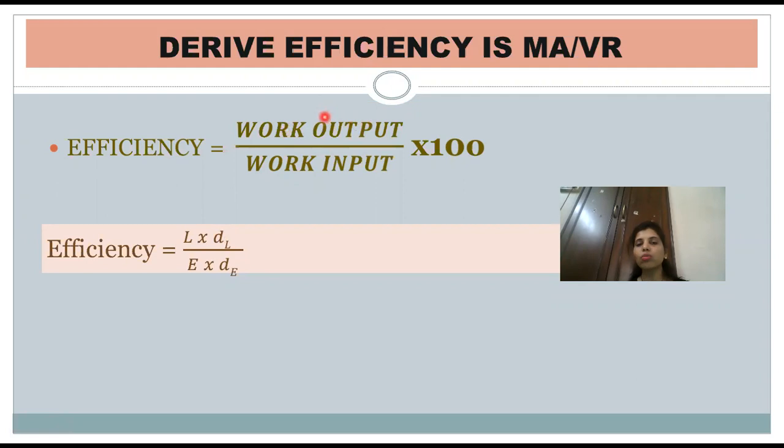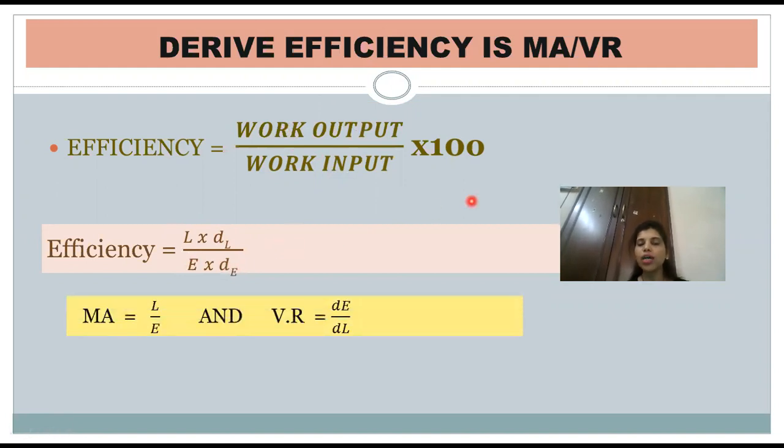You can write it as load into DL, because output, as I told you, load is related to output. So output is L into DL. Effort is related to input. So input is E into DE, and into 100 will be written over here. Now because we are not writing it in percentage form, it is only efficiency, we ignore this 100.